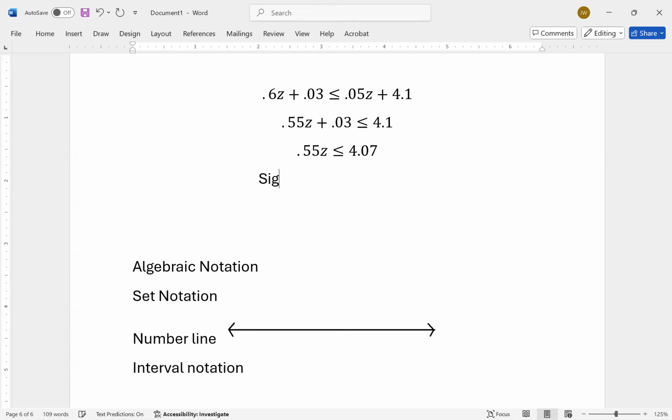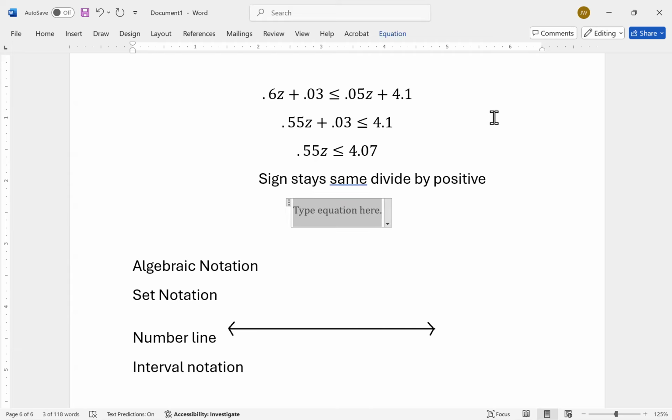Now, the sign stays the same since we divide by a positive. So in this case, I would just divide by 0.55 on both sides. So we get z is less than or equal to 4.07 divided by 0.55, which is 7.4.